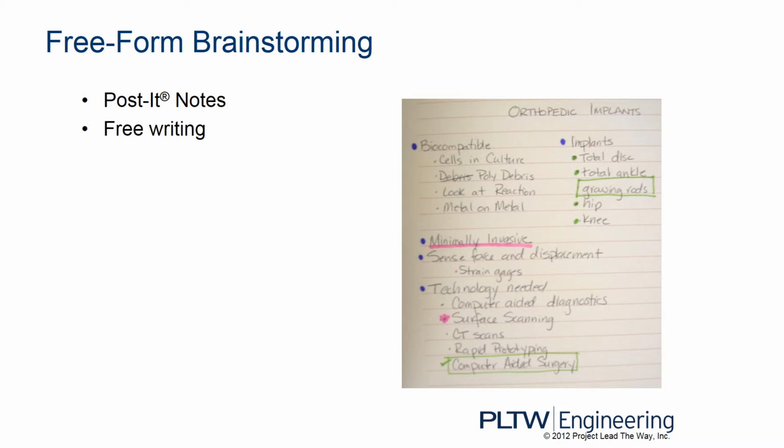You have free writing, where you sit together as a group, and everybody writes their ideas for 10 or 15 minutes. This is oftentimes the most effective form of brainstorming, where you initially write on your own without talking for a certain amount of time, and then you come together as a group to not judge, but to say, this is what I thought.